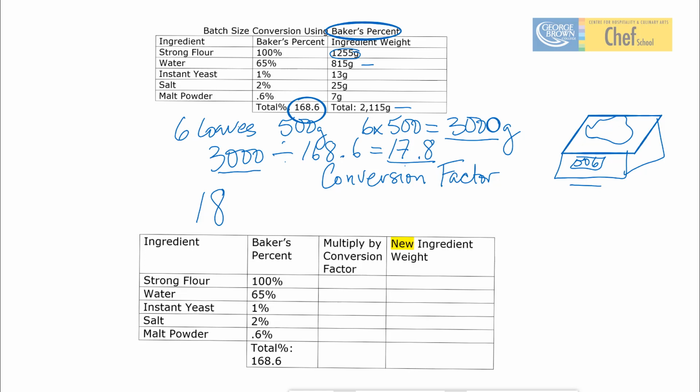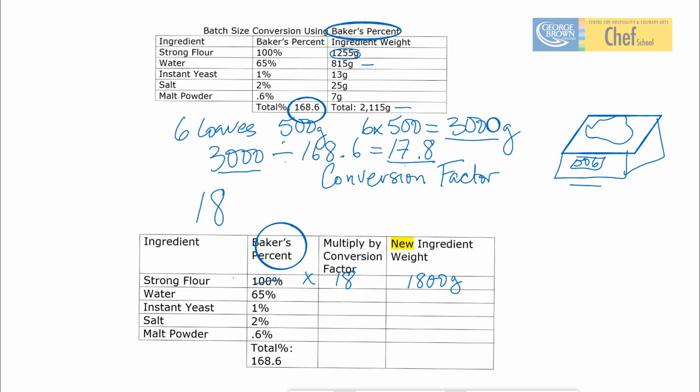So what do we do with this conversion factor? We are going to multiply the Baker's percent of each ingredient by this conversion factor. So 100 times 18. Our new ingredient weight for the strong flour is going to be 1,800 grams.